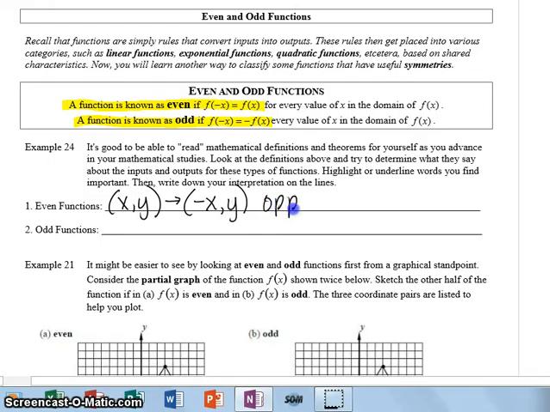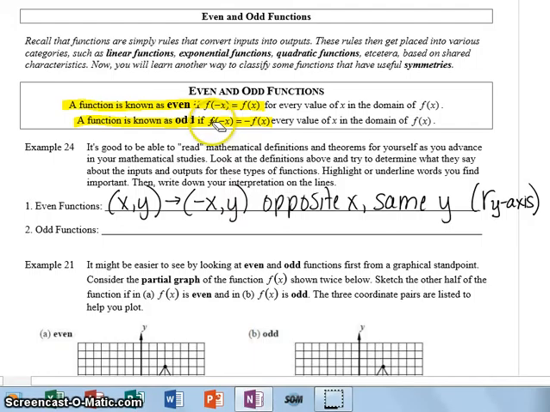So it's opposite x, but the same exact y. You know that that's a reflection over the y-axis. And think back to your geometry days. When we used to say reflect over the y, you just changed the x. You had opposite x.